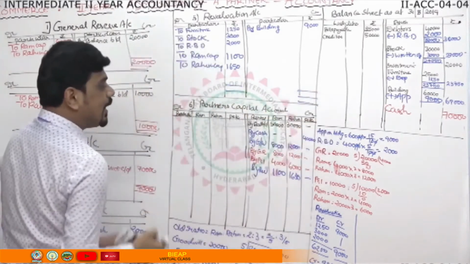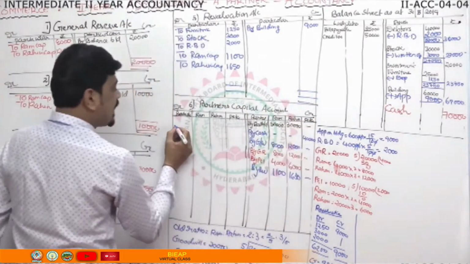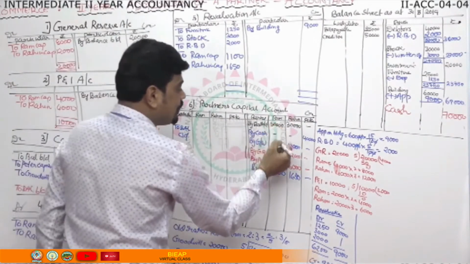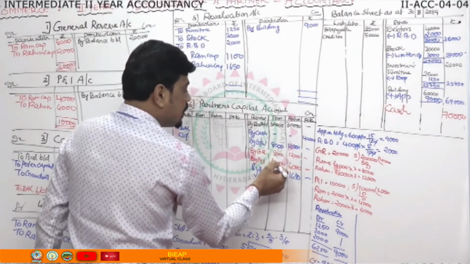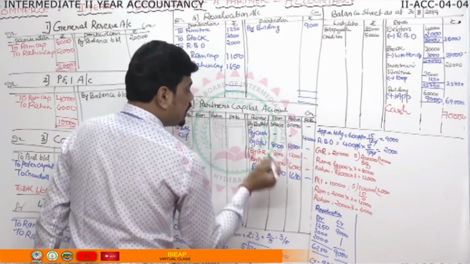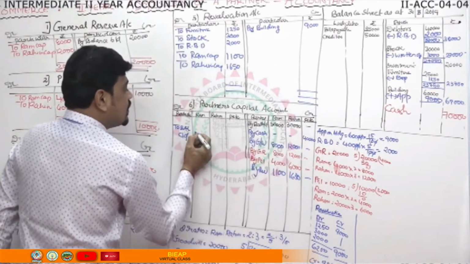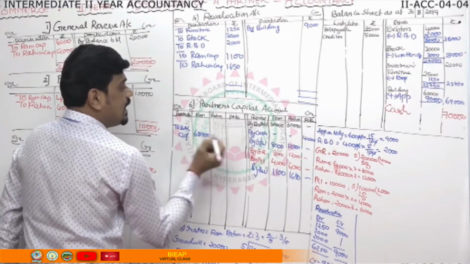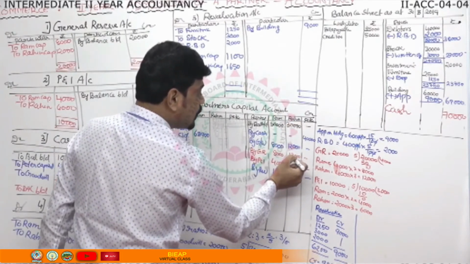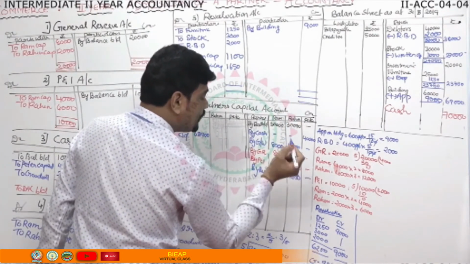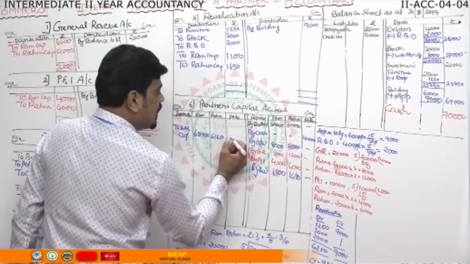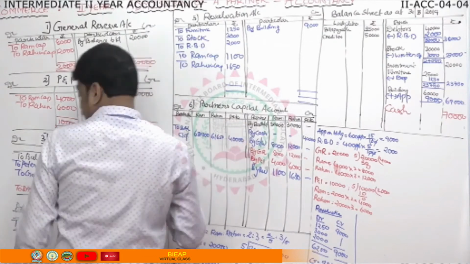Now we'll balance the partners' capital. If you balance the capital, you will get balance carried down. So 68,000 plus 1,100, 69,100, then 61,650, and here we get 40,000.